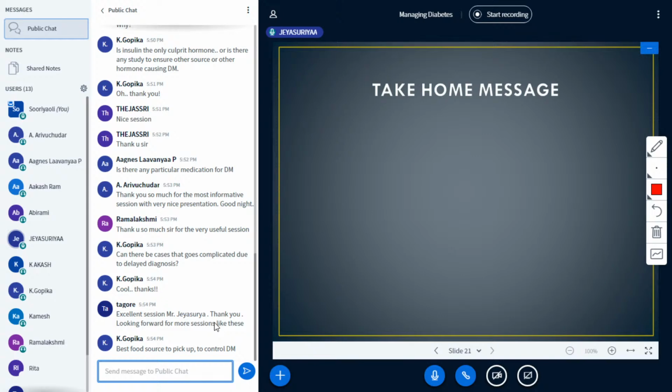The foods which I mentioned earlier, like the foxtail millets, and on the other hand other millets like ragi and kambu will do. To be more clear, the food with low glycemic index has to be taken. On the other hand, the fiber-rich foods have to be taken. Yeah, thank you.